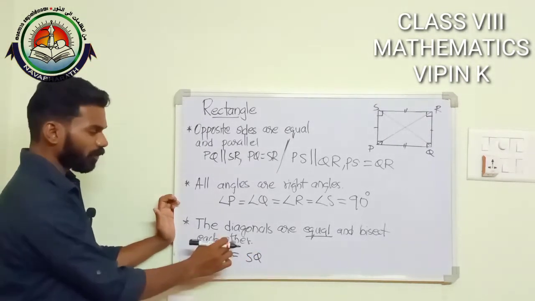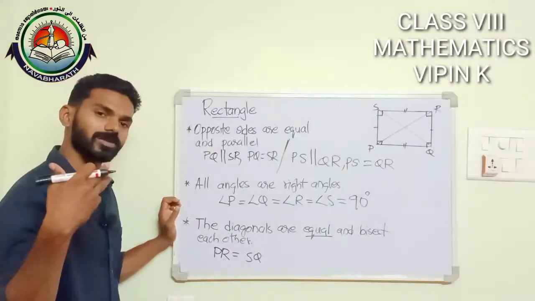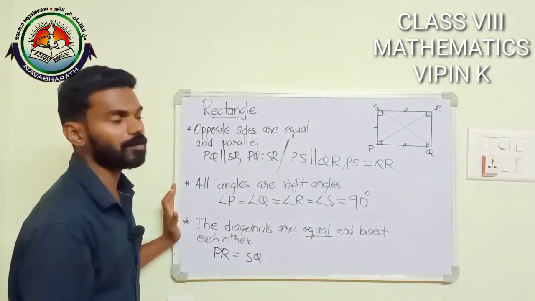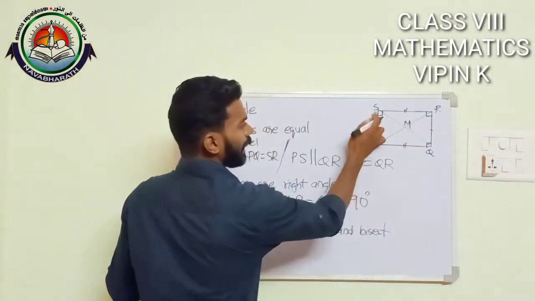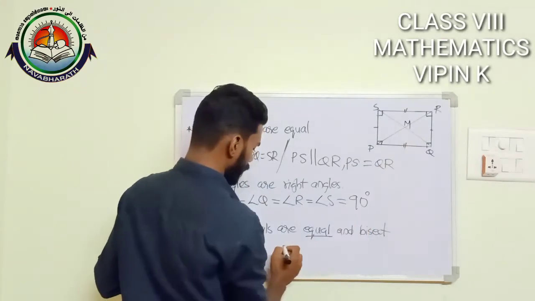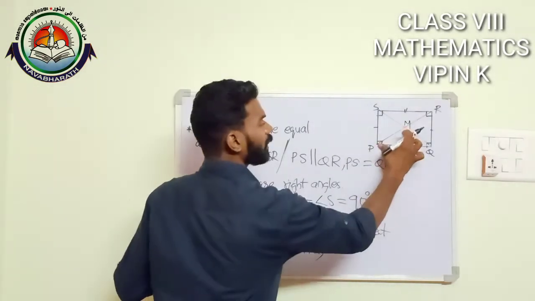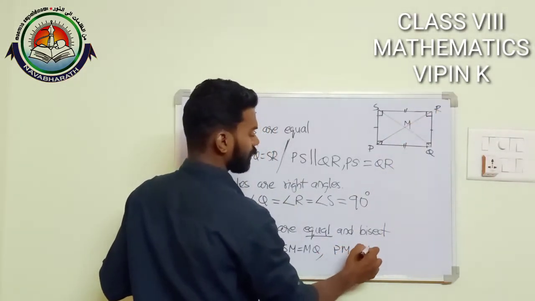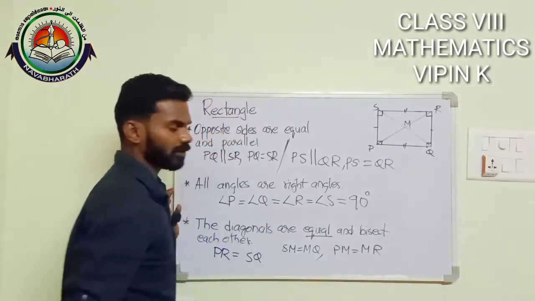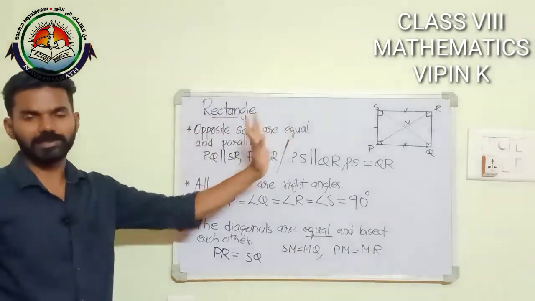Now the next property is that they bisect each other, as already in the case of a parallelogram. So SM would be equal to MQ, and PM would be equal to MR. This is the condition of bisection. Clear? So this is all about the basics of a rectangle.